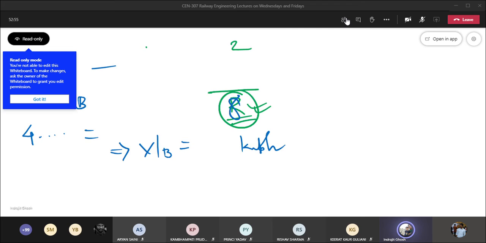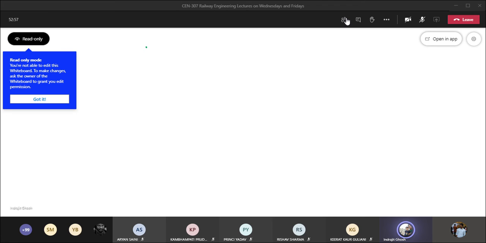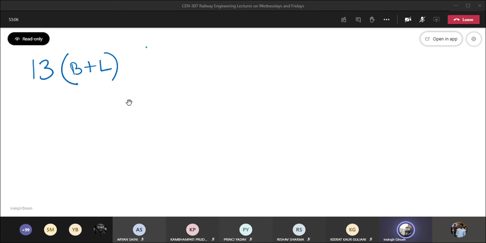So in order to determine the widening, how much did I say, 13 BL square over R, right? This is the widening. Okay, now B, so let us see what do we have.